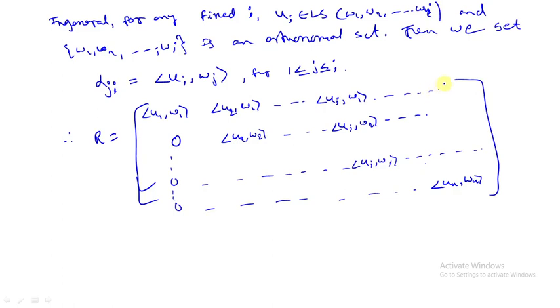You can write this as Un with W1, Un with W2, up to Un with Wn.